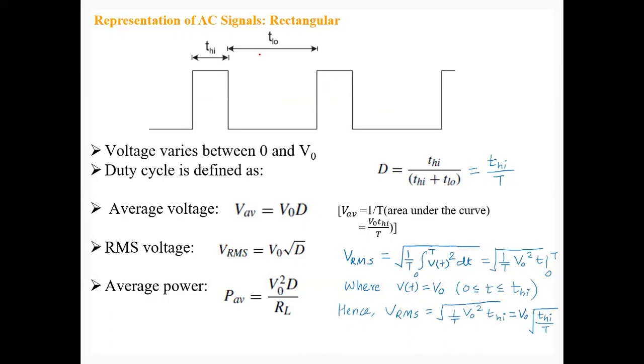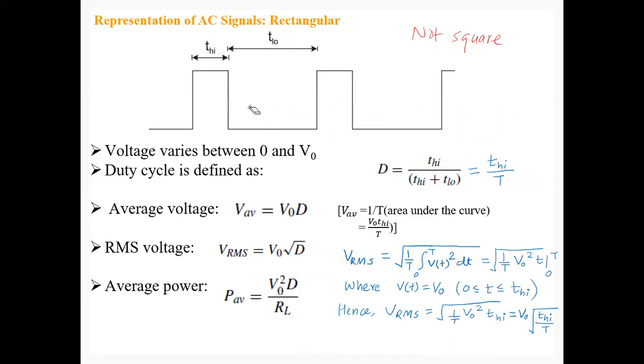This is a rectangle, not a square, meaning this is not equal to that. This is T high. For the time equals T high, the signal remains high. For the time equals T low, the signal remains low. So they are not equal. That's why this is rectangular.